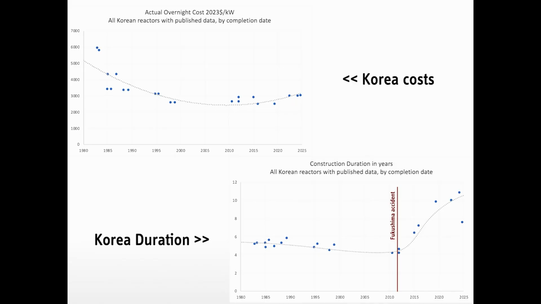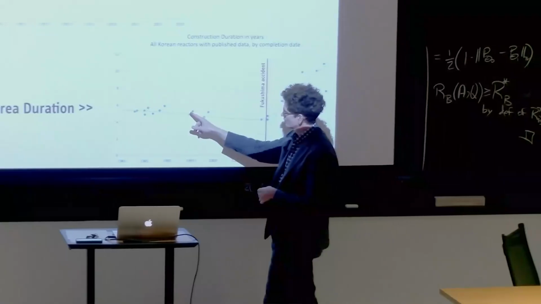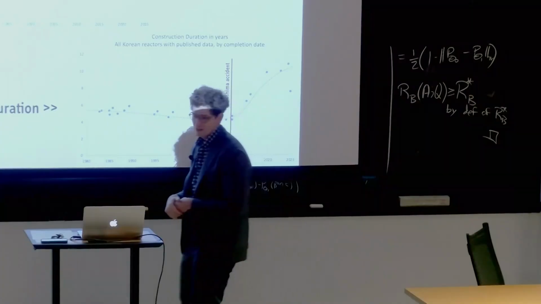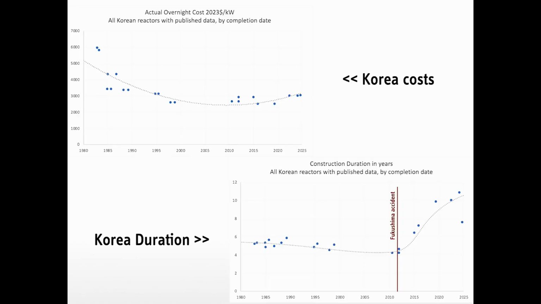There was a similar trend happening in Korea. Total investment costs and overnight costs in Korea were trending downward for many years. Even construction durations were going very slightly downwards. And then there was a turnaround.